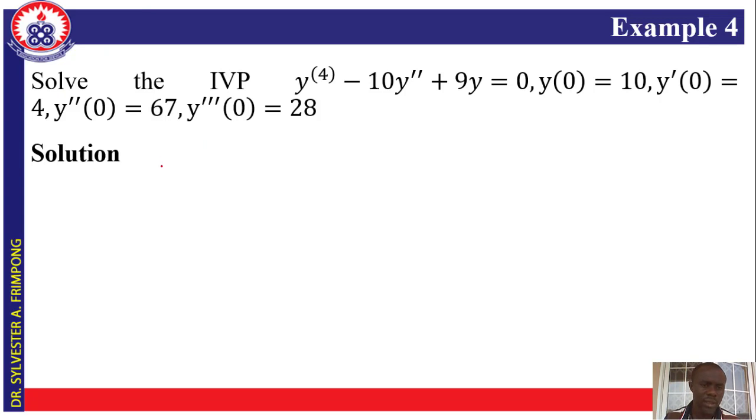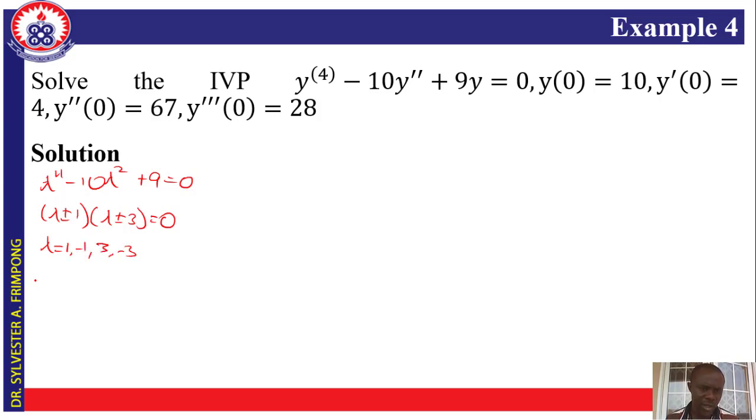In the same manner, we look at the characteristic equation, that is lambda to the power of 4 minus 10 lambda squared plus 9 equal to 0. If you factorize this, you are going to get lambda plus or minus 1 times lambda plus or minus 3 equal to 0. That means lambda equals 1 and negative 1, 3 and negative 3.